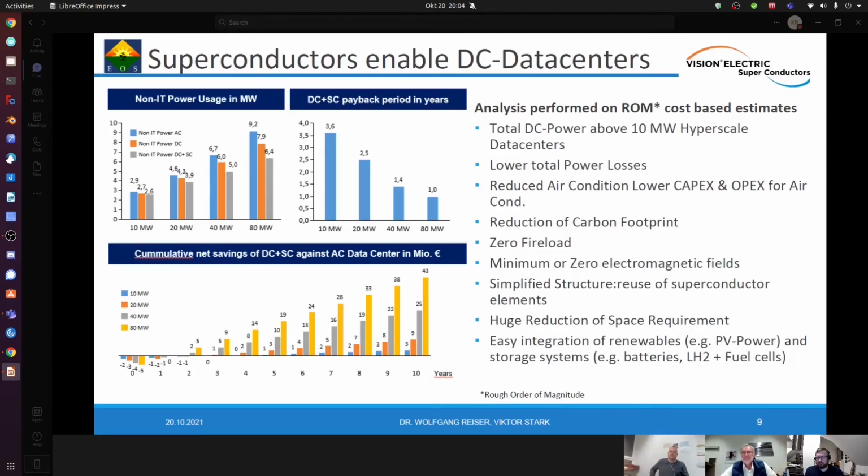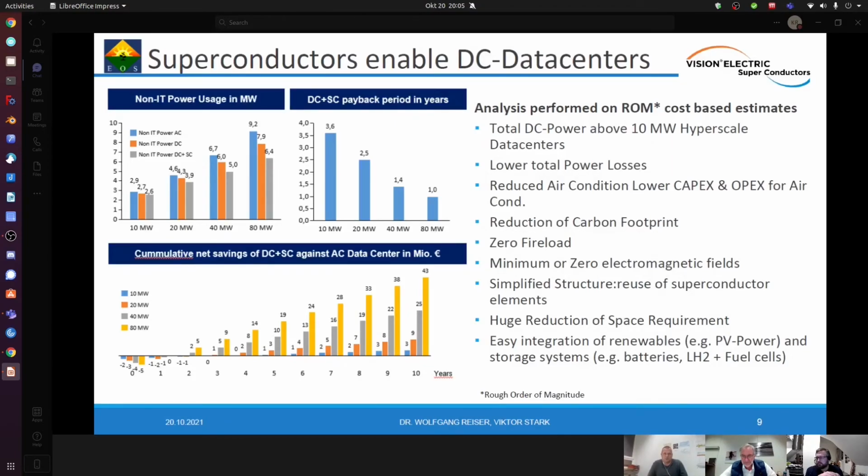And we compared it against a normal data center like it is everywhere. And what you can see here is that the higher the power consumption of the data center, the more beneficial superconductors are here.